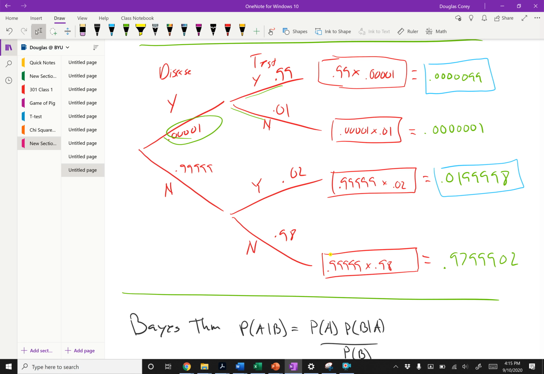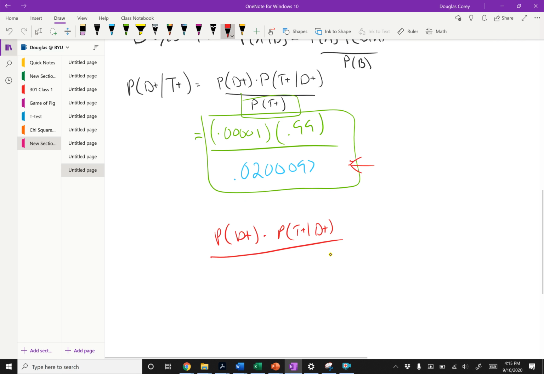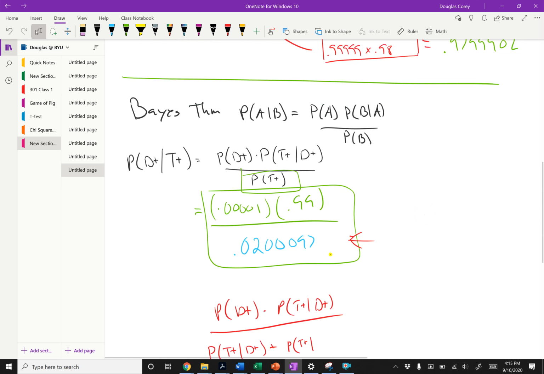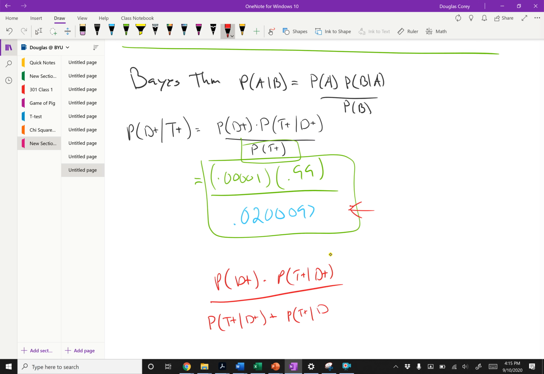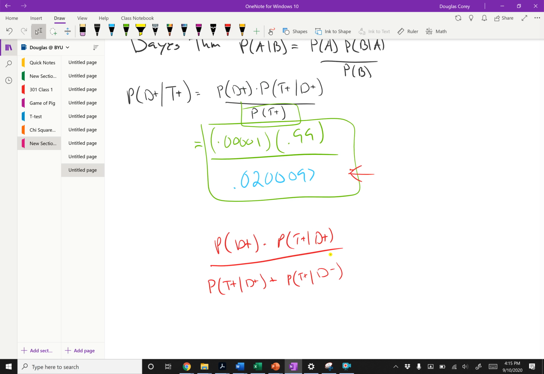as conditional probabilities. So I suppose they could write it this way: the probability of T plus times the probability of T plus given D plus, all over the probability of testing positive given that you have the disease, plus the probability of testing positive given that you do not have the disease.